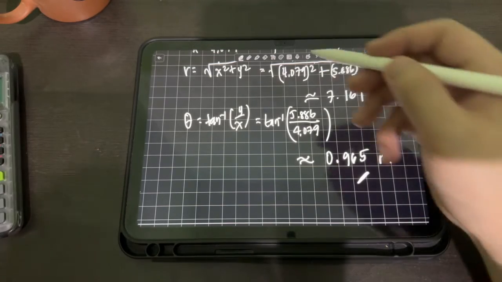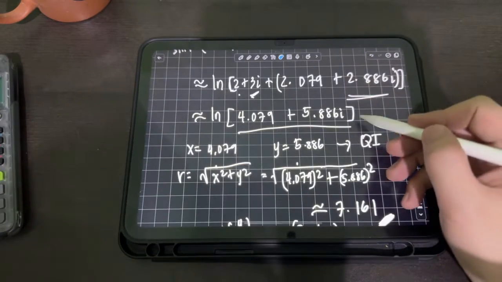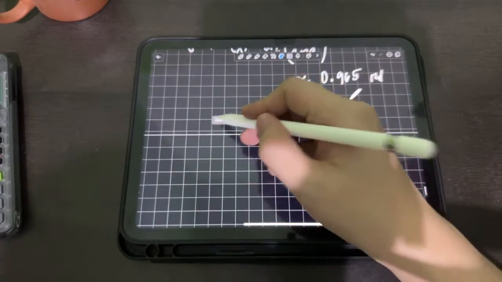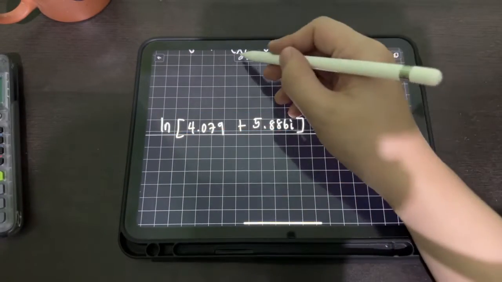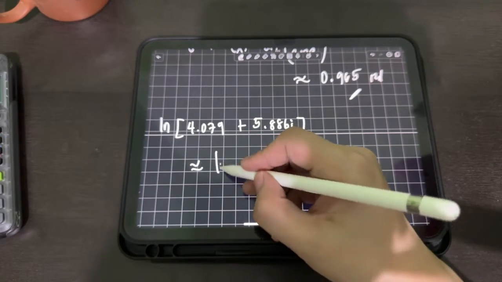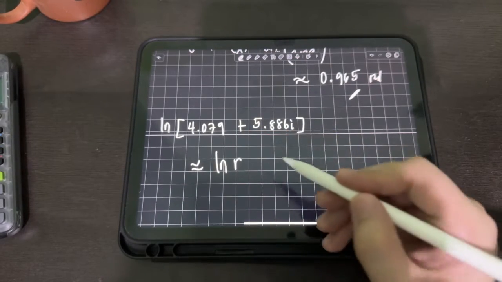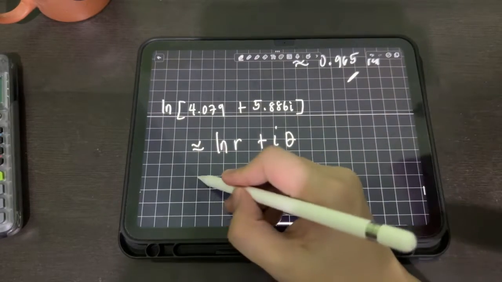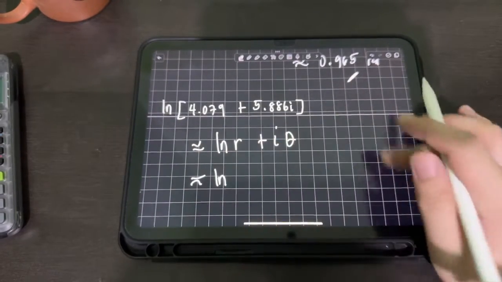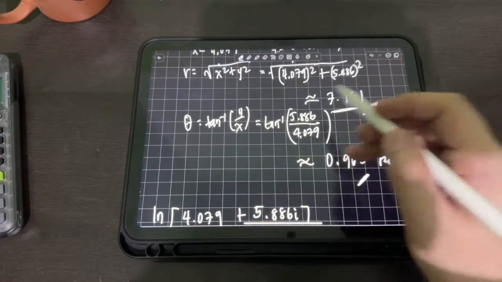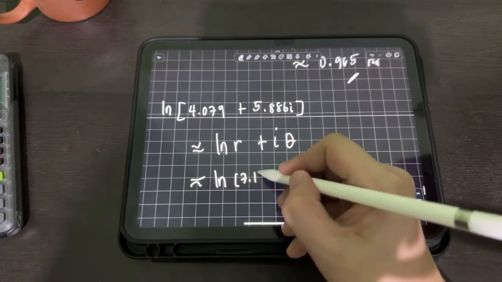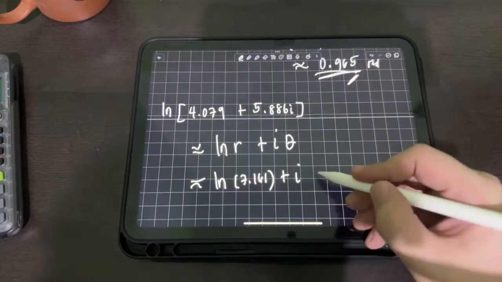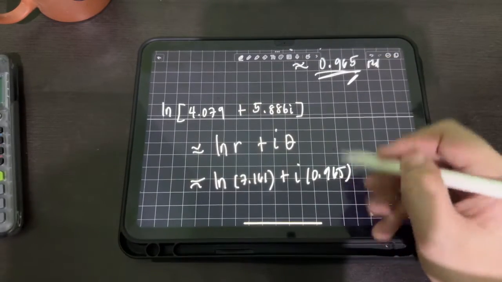Okay, now that we have the r and the theta, we are ready to evaluate the ln of this complex number. Applying the formula, it is now approximately equal to ln of the modulus r plus i times the argument theta. Substitute the value, ln of 7.161 plus i times theta, which is 0.965.